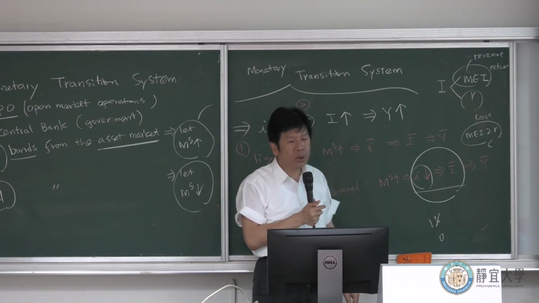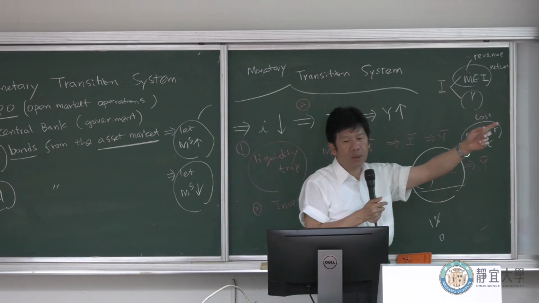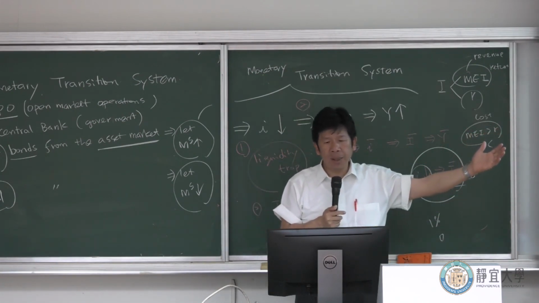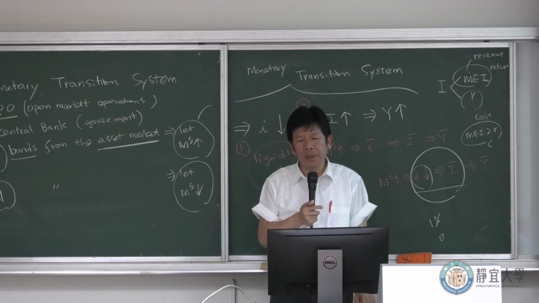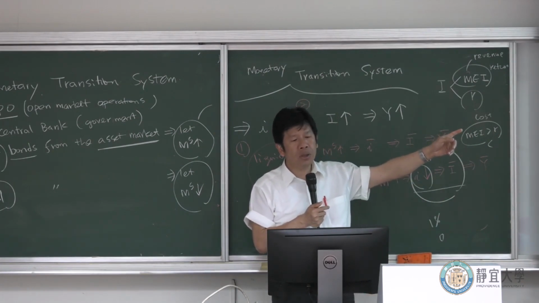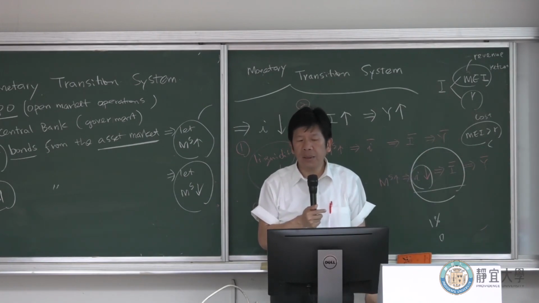So here you can see the transmission mechanism, the two steps in it: the process by which a change in monetary policy affects the AD curve.